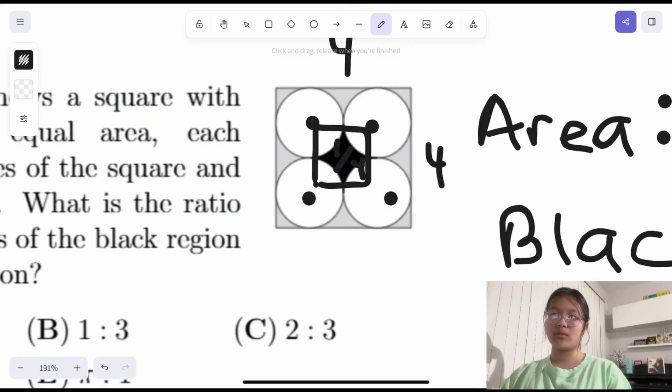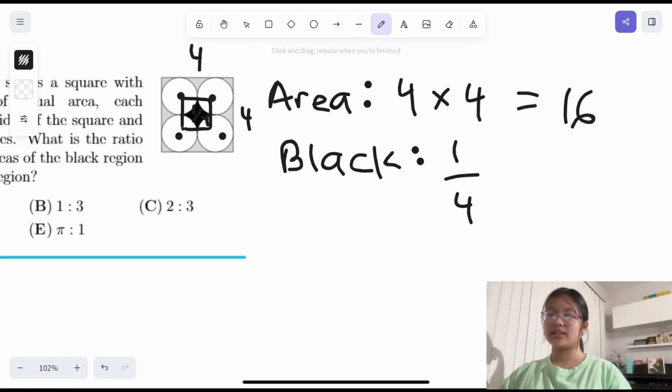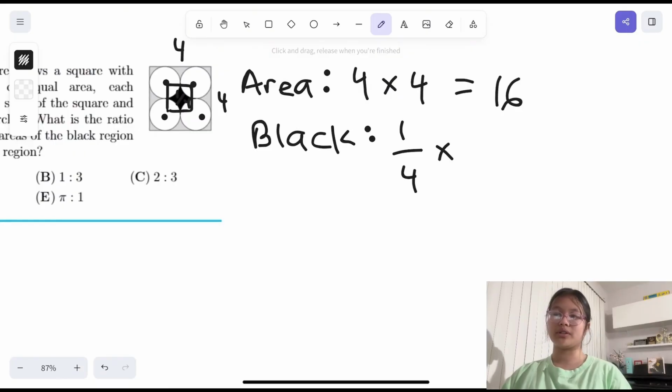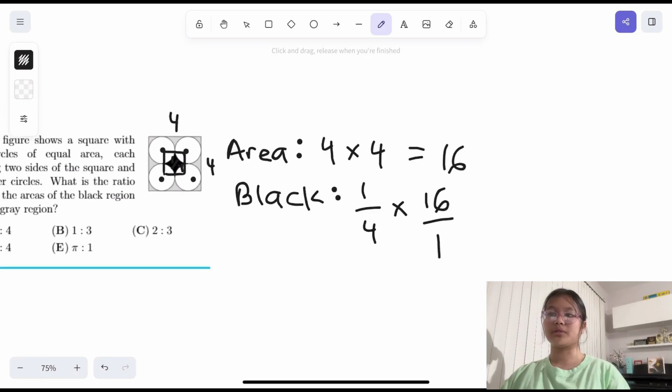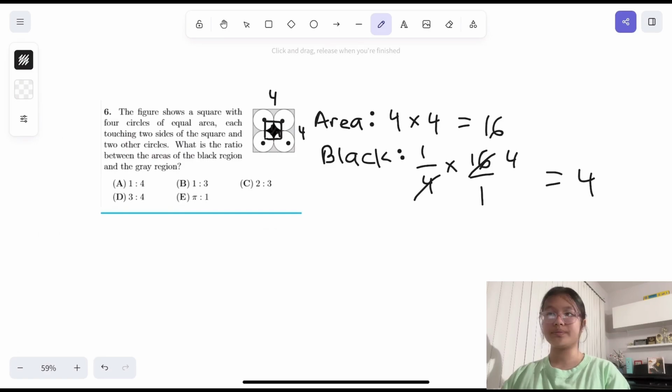So you do 1/4 multiplied by its area, which is 16. So we can put it as 16 over 1, so it can be easier. And then we can find if there are any common factors, which is technically 4. So we can cross out, and then it becomes 4. So that's the black area.